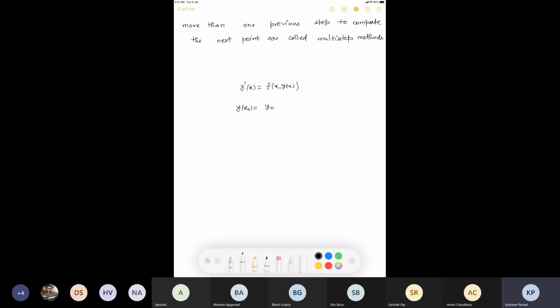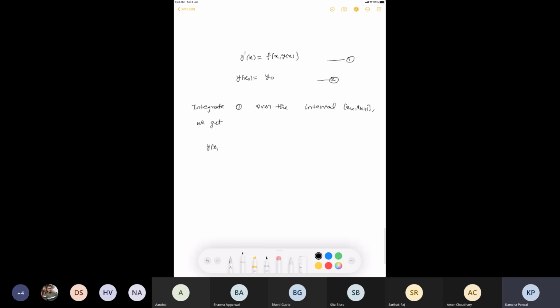If we call this 1 and this 2, and we integrate 1 over the interval xk to xk plus 1, what do we get? We will get y at xk plus 1 equals y at xk plus the integration from xk to xk plus 1 of f of x, y(x) dx.